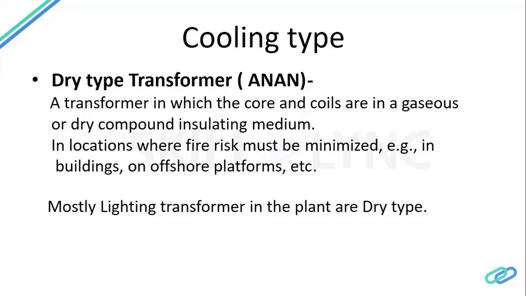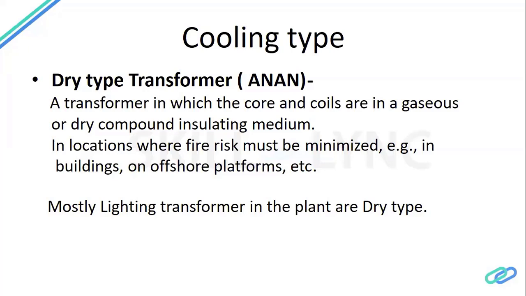We have another transformer which is called the dry type transformer, and its cooling is AN AN because inside the tank is only air and outside the tank is air. So it's air natural and air natural. Generally we use this transformer where fire risk must be minimized. Like in buildings, if we have a space limitation and we are putting the transformer inside the building in the basement, we will go with the dry type transformer because it's less risk.